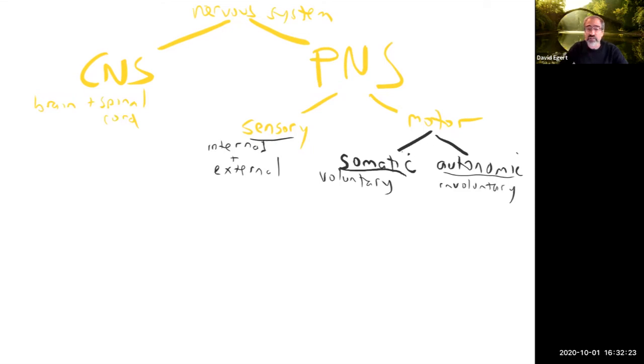This is the stuff that's speeding up or slowing down your heart. This is the stuff that's making you sweat. This is the stuff that is changing the diameter of your blood vessels to change your blood pressure. So this is still running muscles and glands, but not stuff you're consciously thinking about.